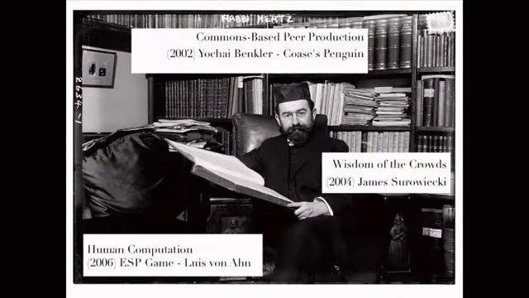And it was sort of a counterpoint to our traditional understanding of crowds as mobs, as sort of irrational beings. And then, of course, in 2006, Luis von Ahn had the ESP game, and he formulated that around the idea of human computation. So using humans in a way that you would traditionally use cycles, but there are certain things that humans can do that computers simply can't.